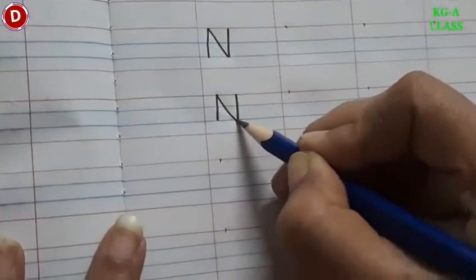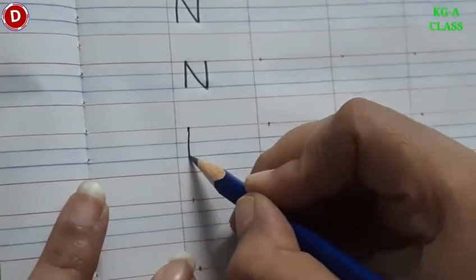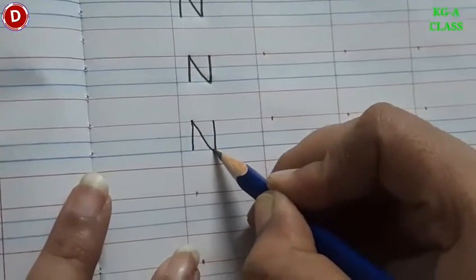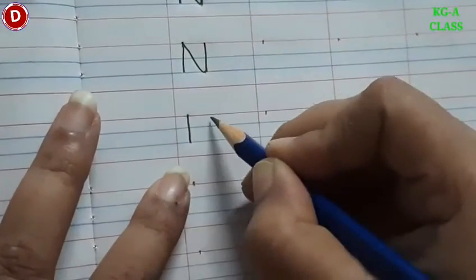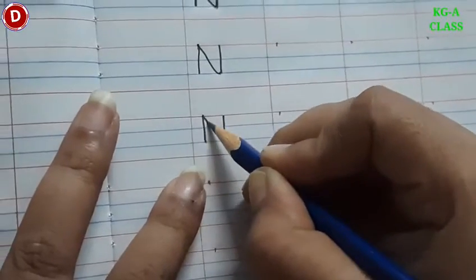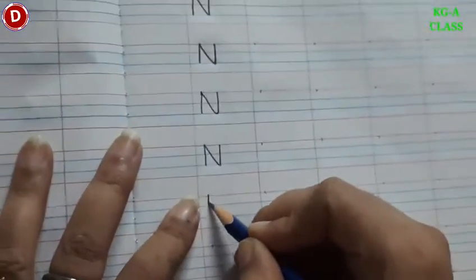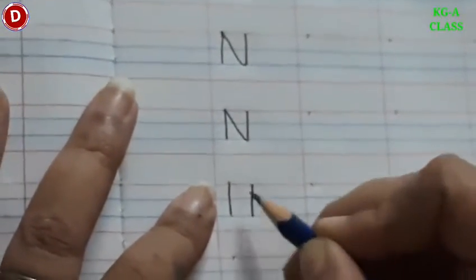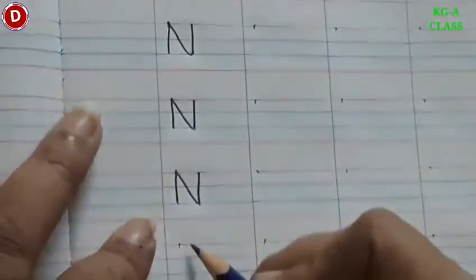See. In this way, you have to write capital N. See, like this.